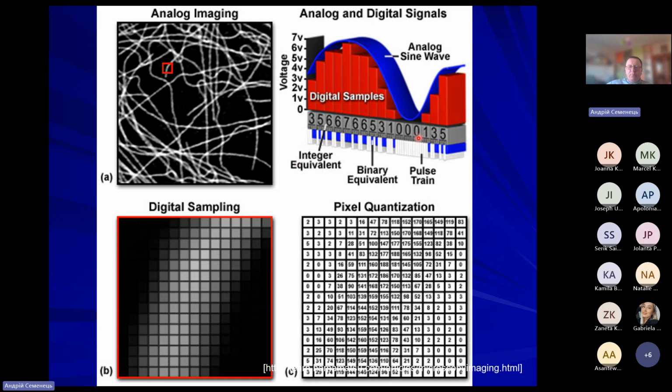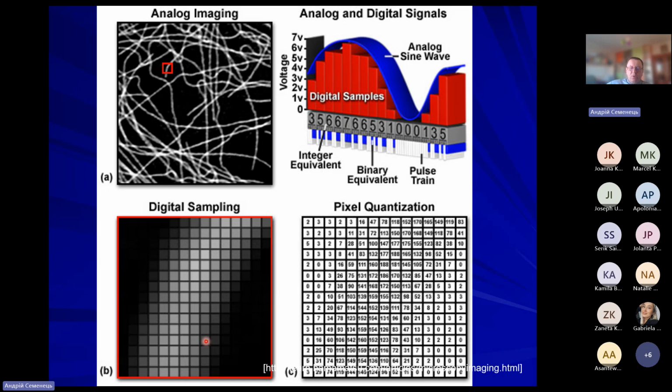We have components of the sensor, where a single cell could produce some specific voltage. We have the analog way, and we have the binary equivalent, which could be made for each one pixel.